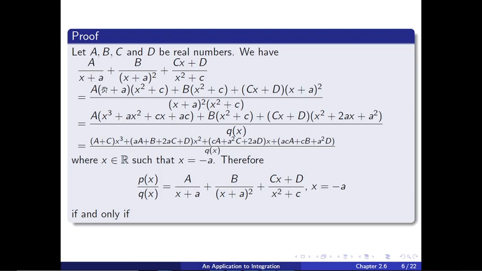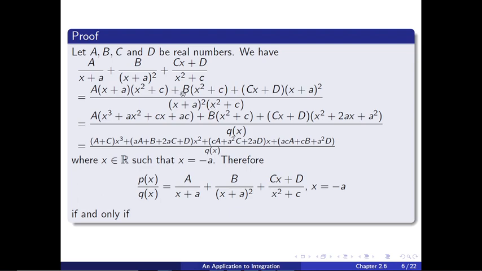And then if we want to put this one in this form, it means that we are going to say a times (x plus a) times (x squared plus c), right? Because if we divide here, we will be left with a over x plus a.